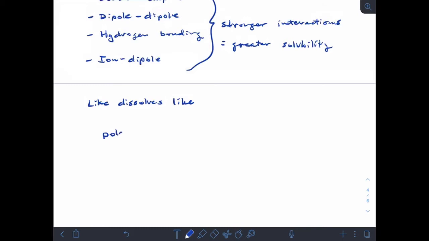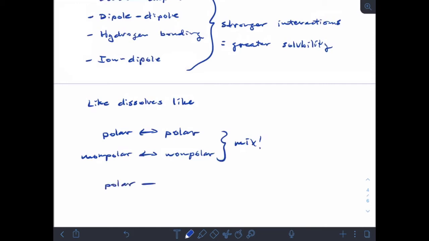So the idea of like dissolves like, right? If we have polar things with polar things, if we have non-polar with non-polar, if those situations happen, we can mix. But remembering that polar with non-polar, no mixing.